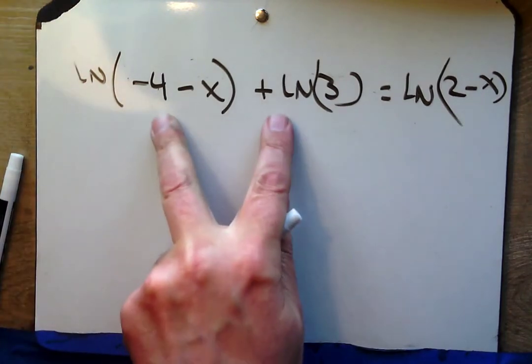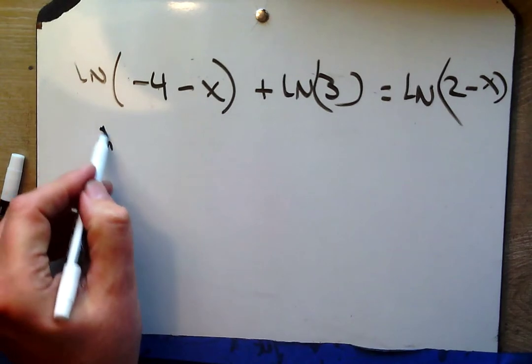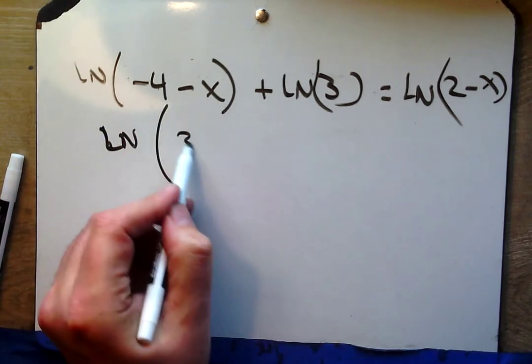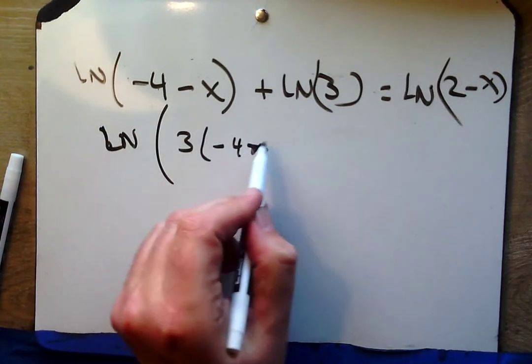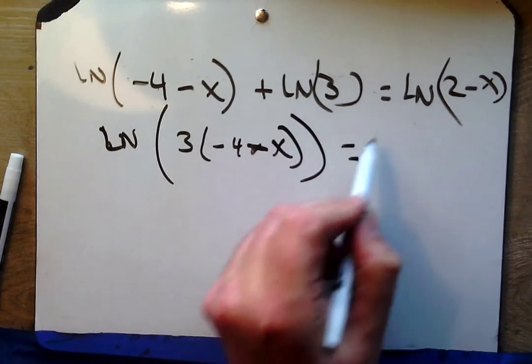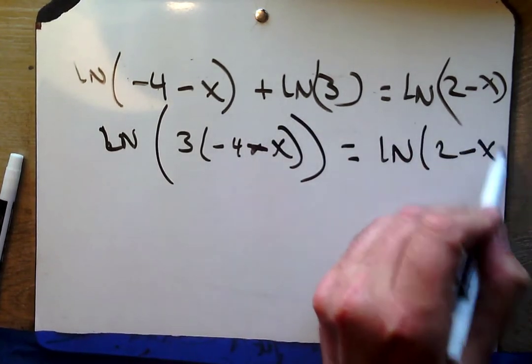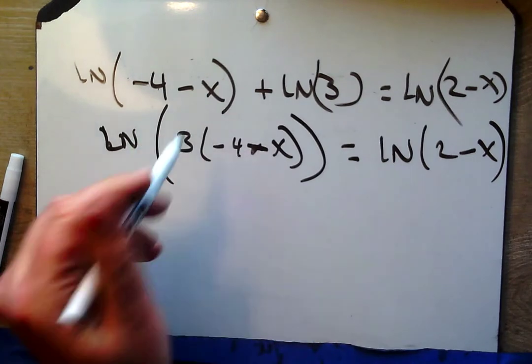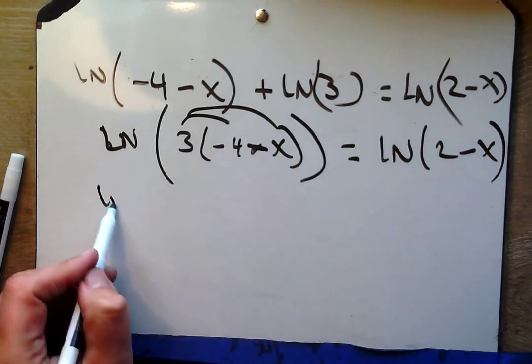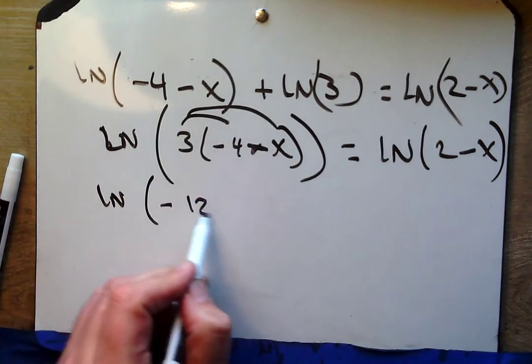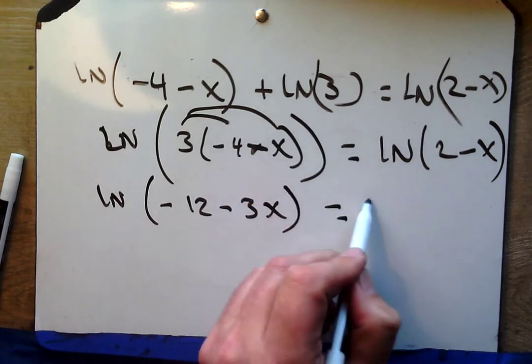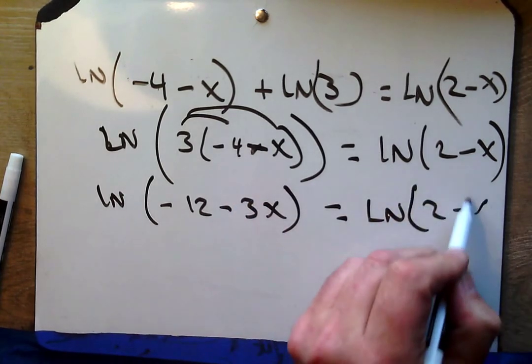That's right, I'm going to condense over here. I'm going to turn this into ln of 3 times minus 4 minus x. Now, you might want to distribute here, and I would do that. Negative 12 minus 3x equals ln 2 minus x.